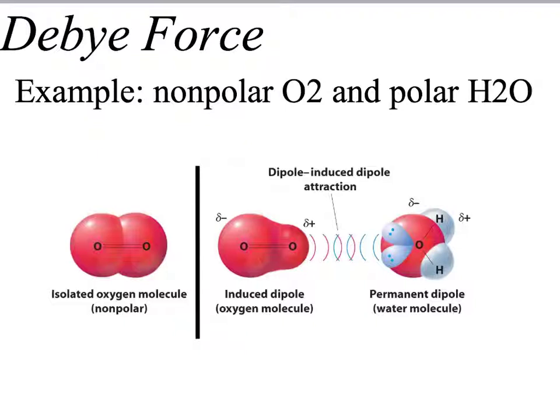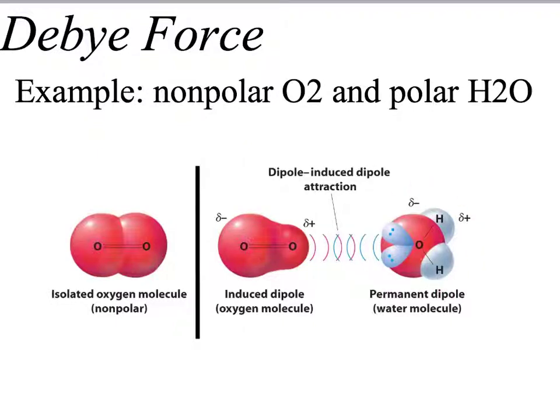And here would be an example of the Debye force if I have nonpolar oxygen in a mixture with polar water. So here is my perfectly balanced nonpolar bond, but that perfectly balanced O2 comes near my polar water.